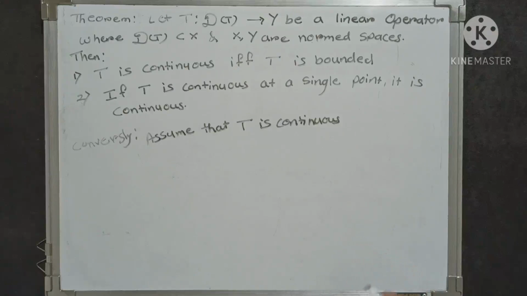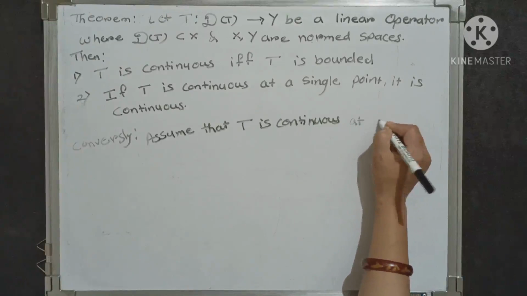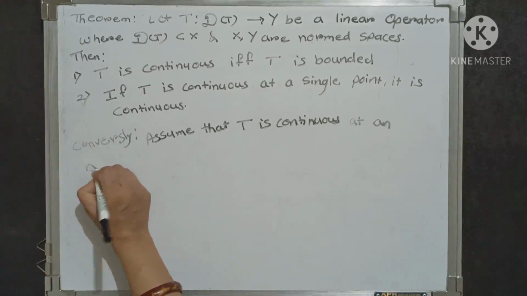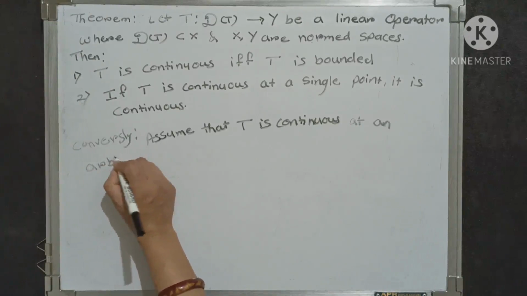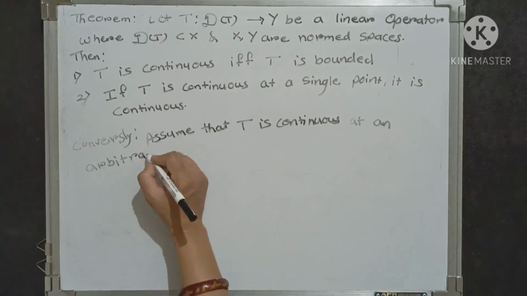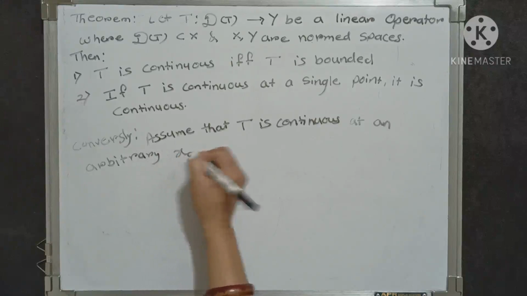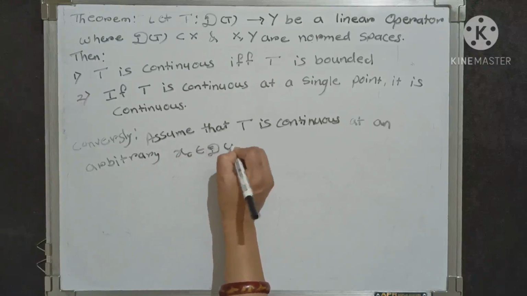As it is continuous, therefore it is continuous at each point, and therefore we assume that capital T is continuous at an arbitrary point x naught belongs to D(T).